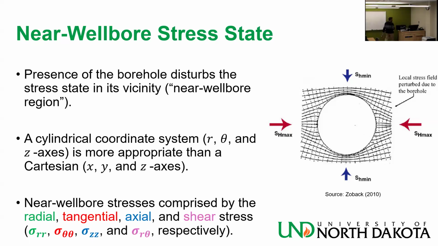Because inside the well, you have something called pore pressure. And inside the rock, you have something called pore pressure and something called Poisson's ratio. And then the distance that you are from the wellbore also matters, etc. Now, the names of those new stresses, radial, tangential, axial, shear, dictate their spatial orientation, their orientation in space.